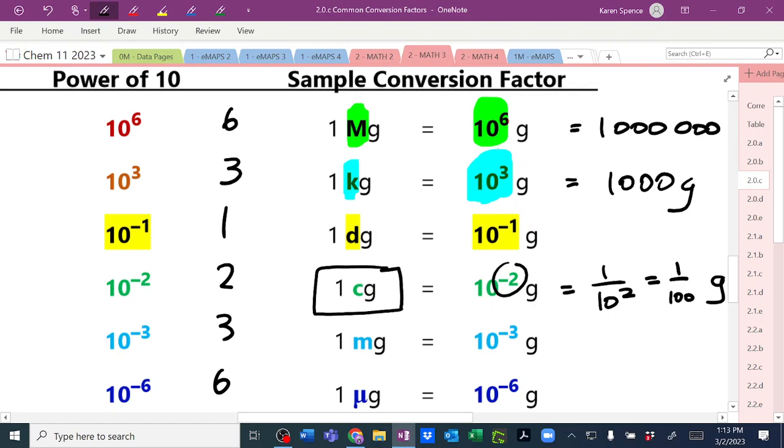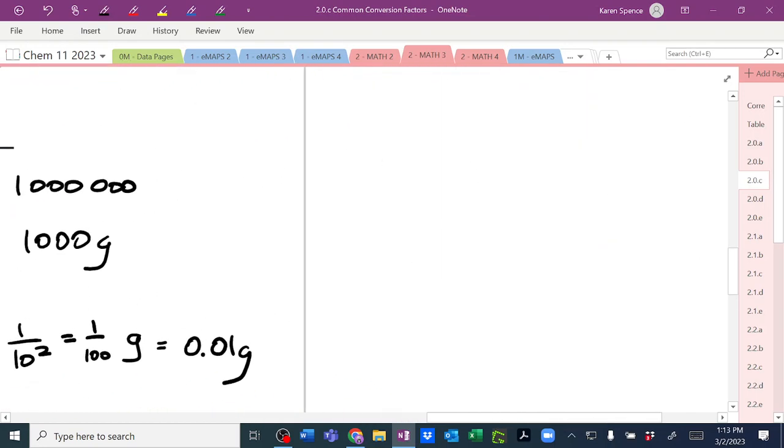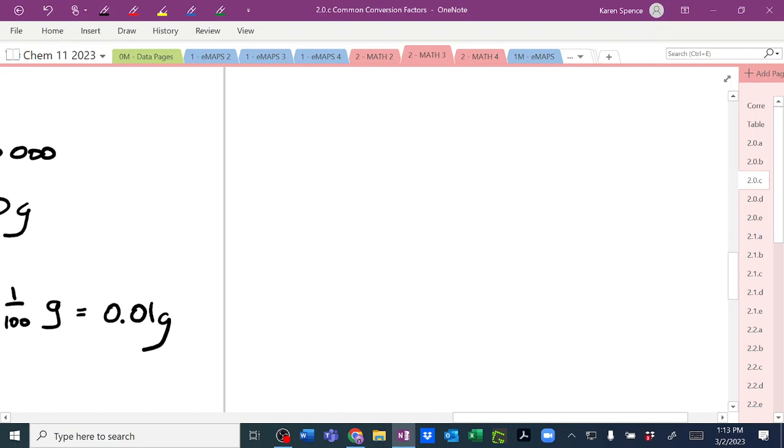All right, so we're going to practice this. You might want a sheet of paper so you can write along, okay?